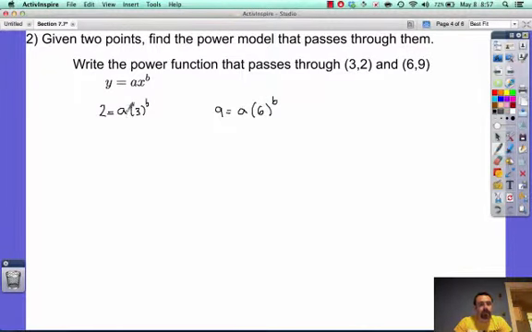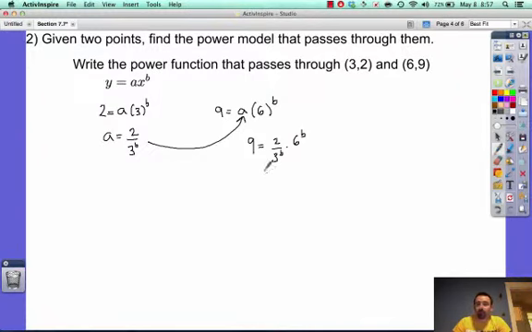Again, I'm going to solve for a here. So, I know that a should equal 2 over 3 to the b. So I can use this knowledge now to plug in for a. That means that 9 equals 2 over 3 to the b times 6 to the b. Now we're in an interesting situation.